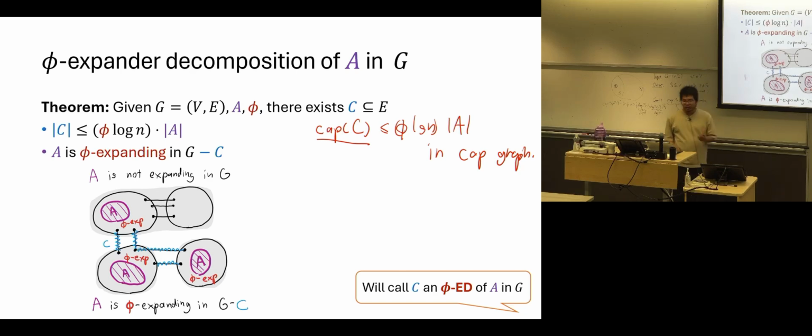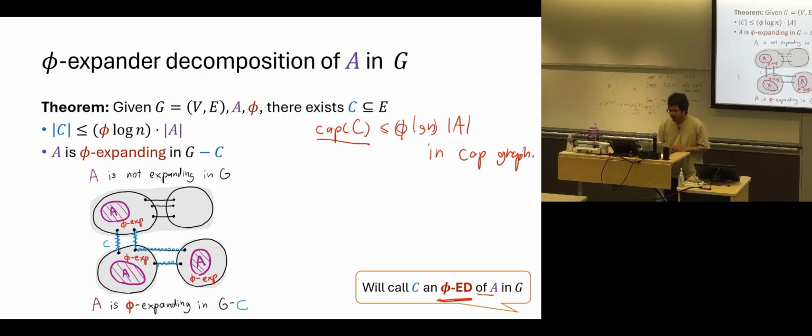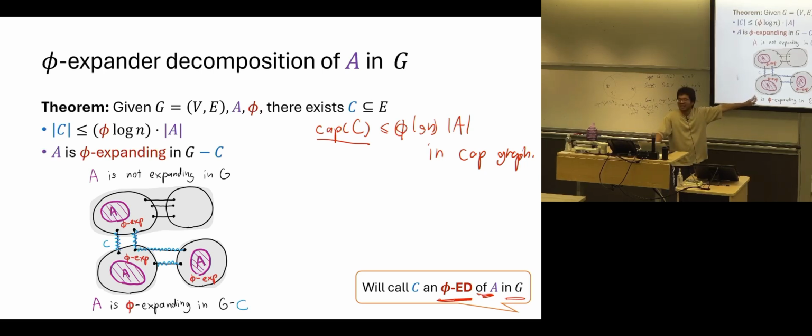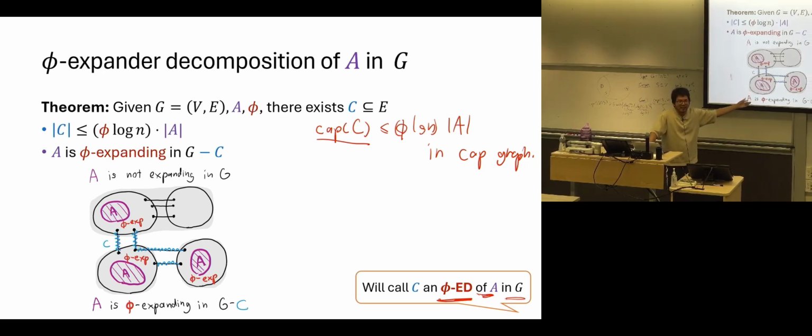I will from now on call C here the phi expander decomposition, phi-ED, of A in G. This is a key object that we will work with a lot from now on, so internalize this.